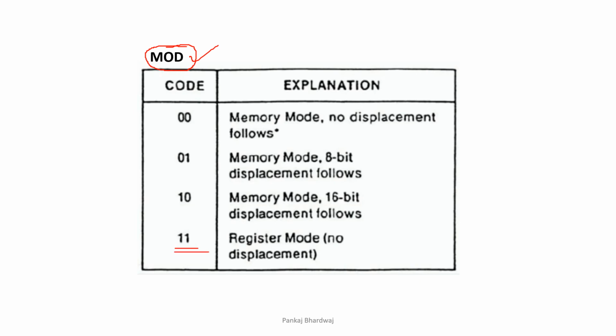If it is a memory related operation, then we can have three different combinations: 0 0, 0 1 and 1 0. 0 0 is used when the memory mode has no displacement. 0 1 is used when the memory mode has 8 bit displacement, and 1 0 we use for the memory mode in which 16 bit displacement is available.